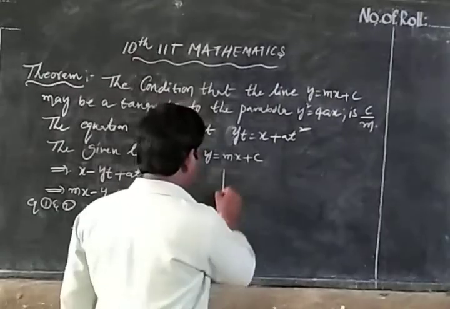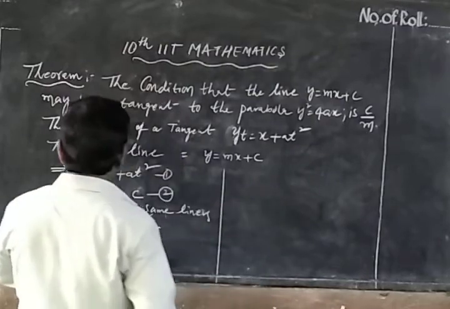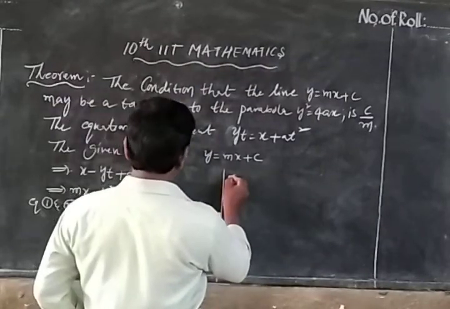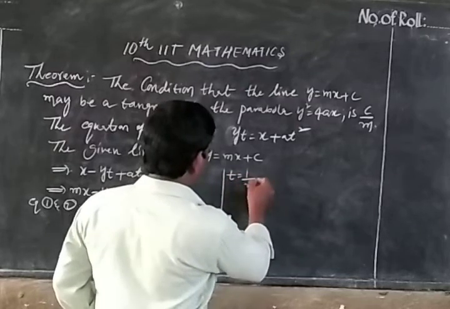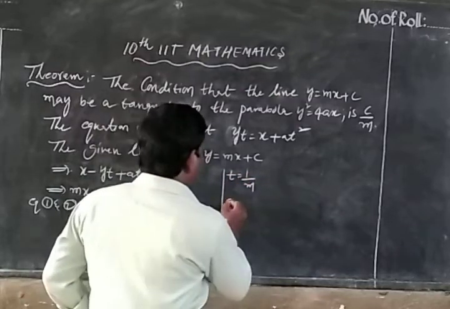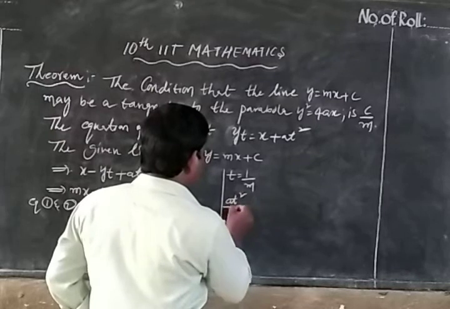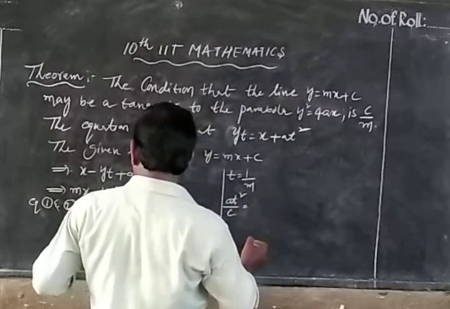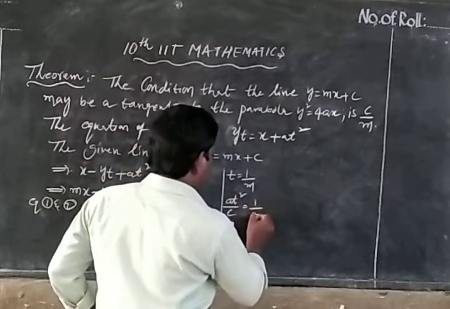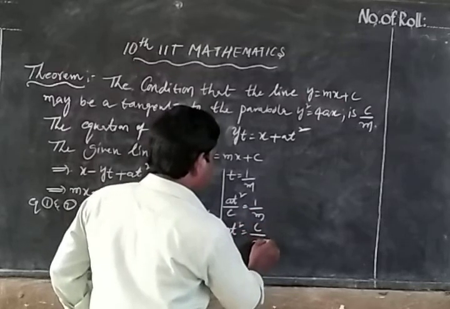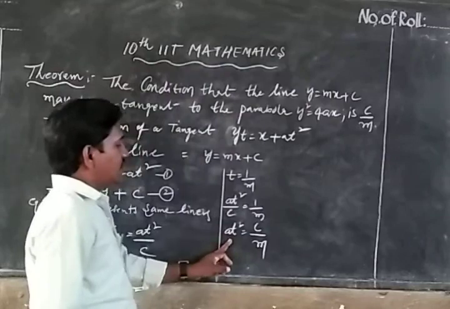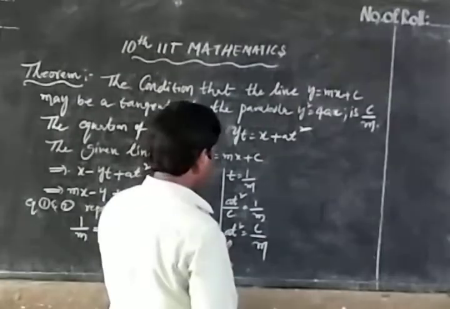Now t equal to 1 by m, and at square by c equal to 1 by m. That means at square equal to c by m.